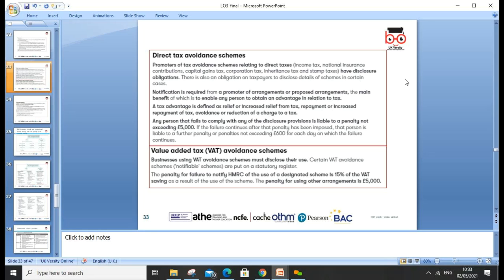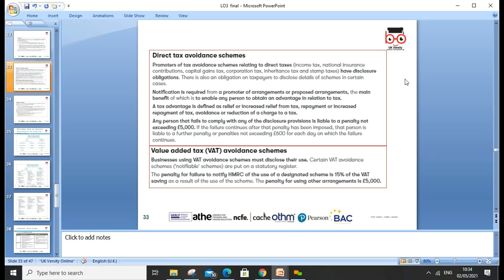Notification is required when a promoter proposes an arrangement whose main benefit is to enable any person to obtain a tax advantage. A tax advantage is defined as a relief or increased relief from tax, a repayment or increased repayment of tax, and the avoidance or reduction of a charge. Any questions here?